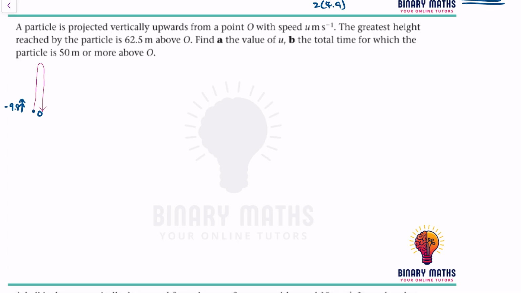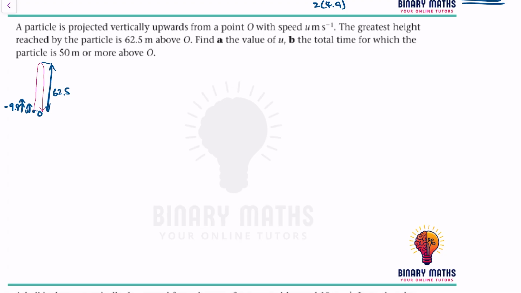We know the initial speed is u, and also the greatest height reached is 62.5. Find the value of u.